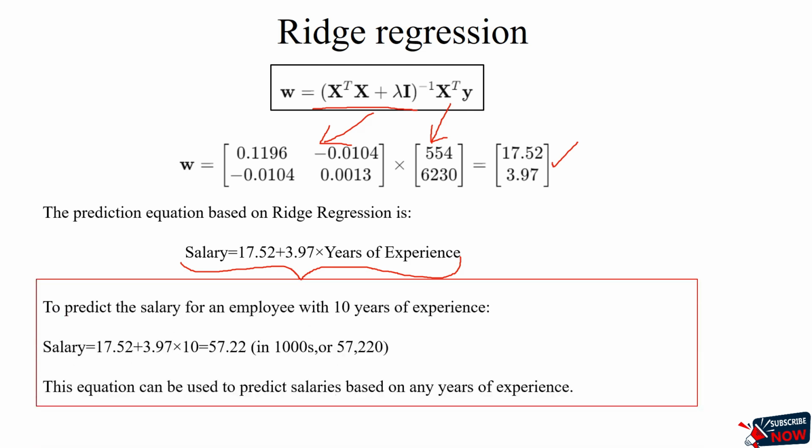In case we want to predict the salary for an employee who has 10 years of experience, we substitute 10 in place of years of experience. So the final predicted salary would be 57.22 in thousands. This is the equation which can be used to predict salaries based on any years of experience.